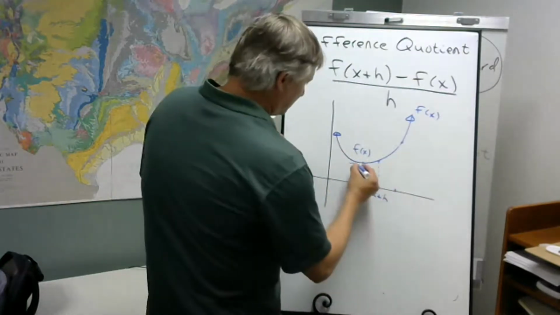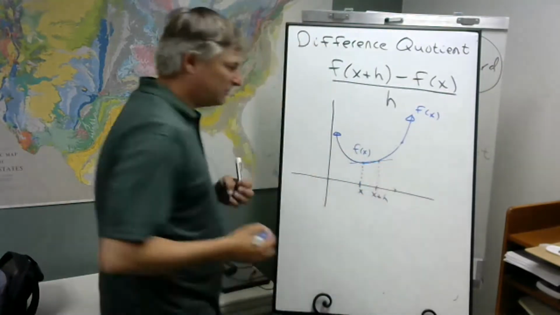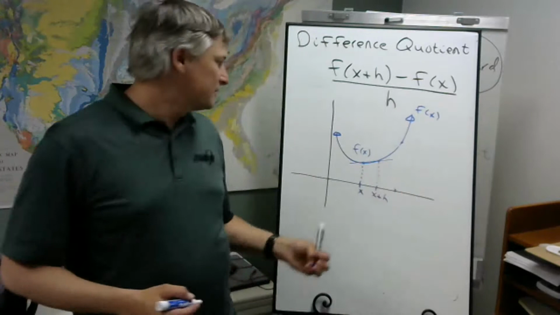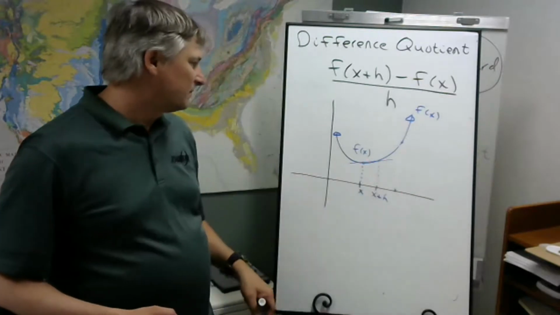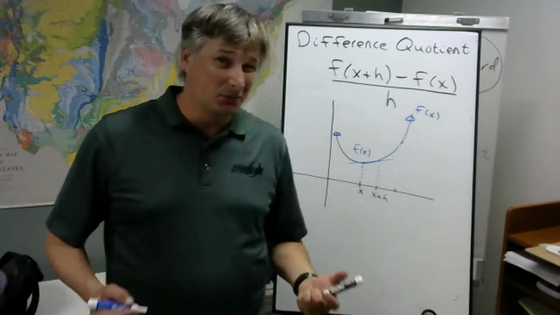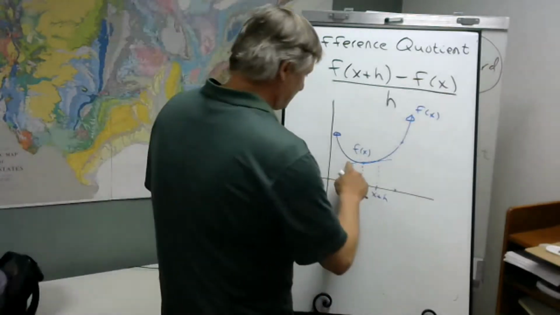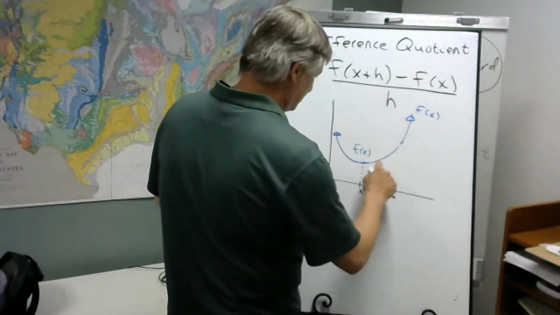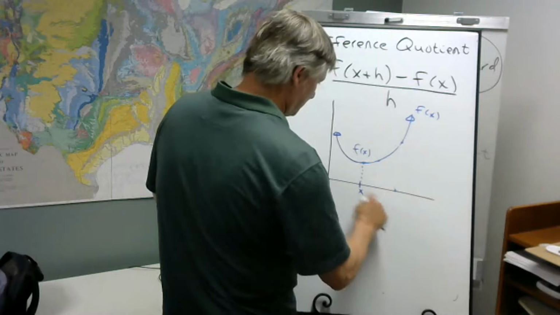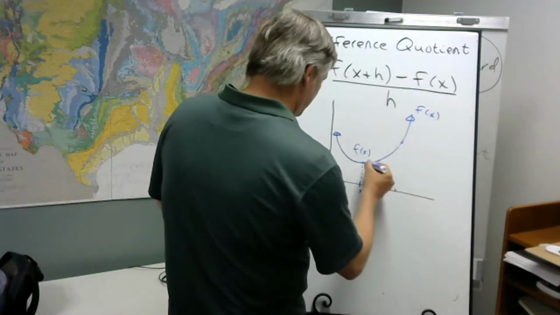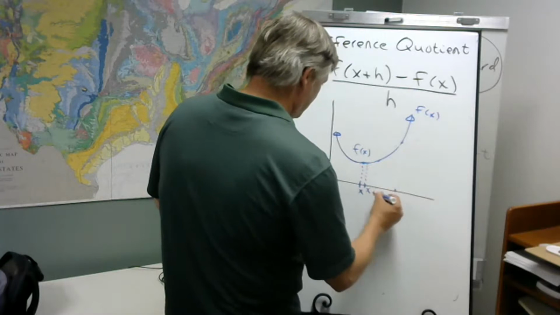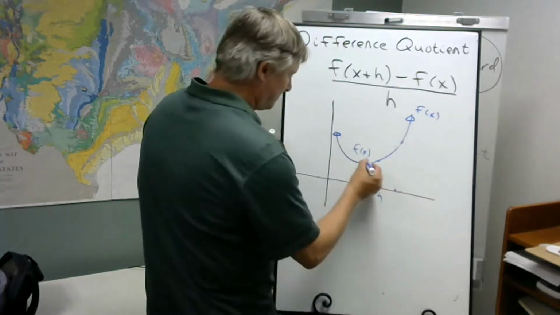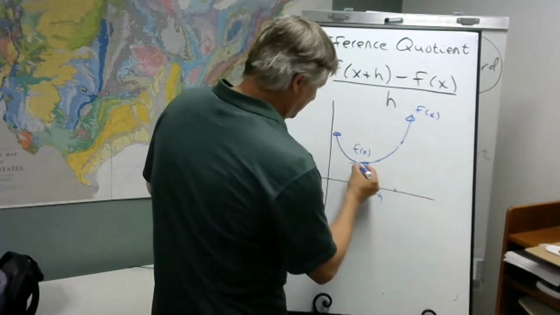Well, now you draw your line. It is still intersecting the graph at 2 points, but this point's a lot closer. In fact, what happens if we make it really close? Let's really shrink h. Put a line through here.